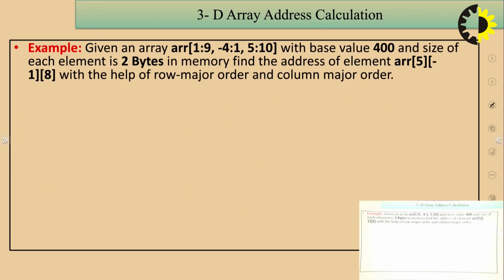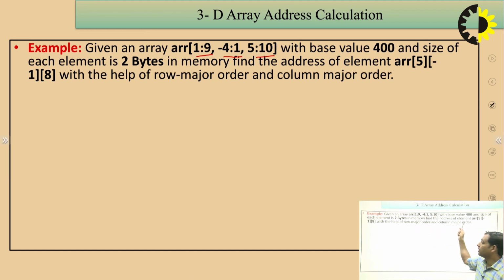By using examples we can understand these concepts. So, coming to the example, given an array ARR having these indexes: this is for page, this is for row, this is for column. Page index starts from 1 and goes up to 9, row starts from -4 and goes up to 1, and column start index is 5 and ending index is 10, with the base address given as 400, and the size of each element is 2 bytes, this is W, in memory.